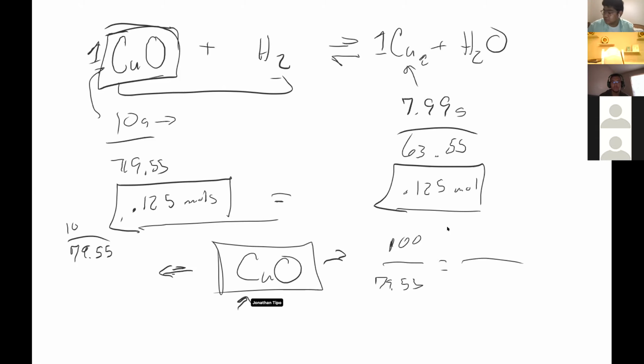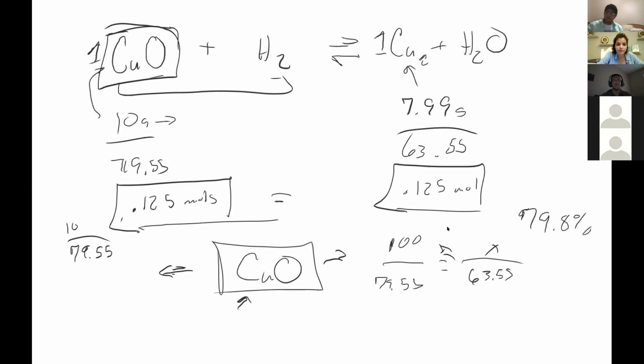And copper is 63.55. And we set up that proportion. So just multiply and divide that bad boy. And you should be getting something like 79.8%.